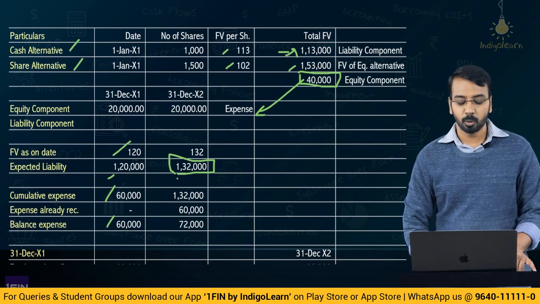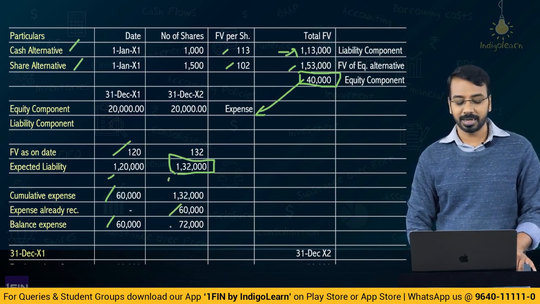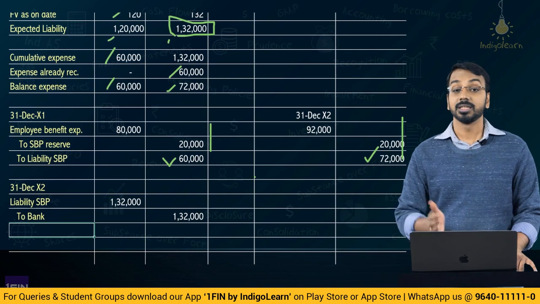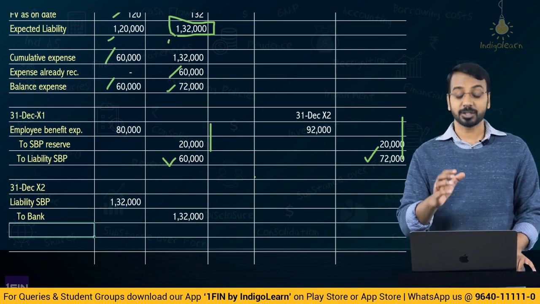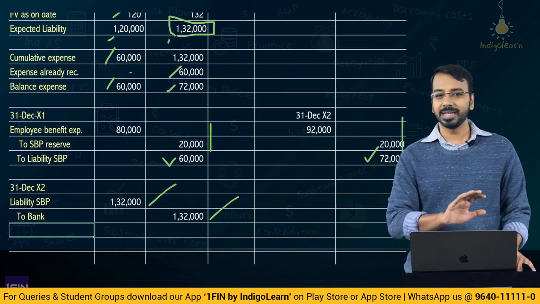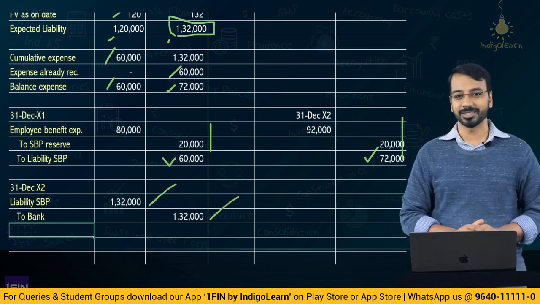Then in the next period, 132 is expected. And because you have already recognized 60, balance 72 will be recognized. So based on this, we'll pass this journal entry and this journal entry. And because the employees have opted for cash option, you will settle the liability by paying 1,32,000. A very simple and logical approach, just that you need to understand the flow of transactions.